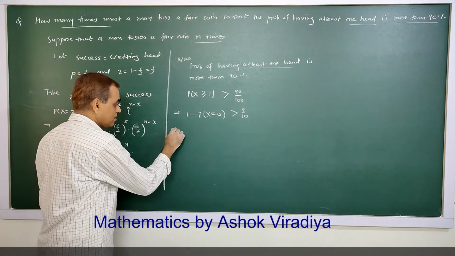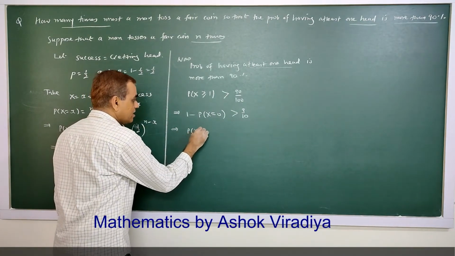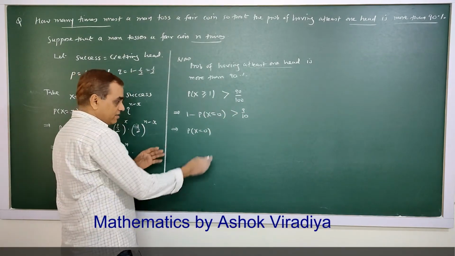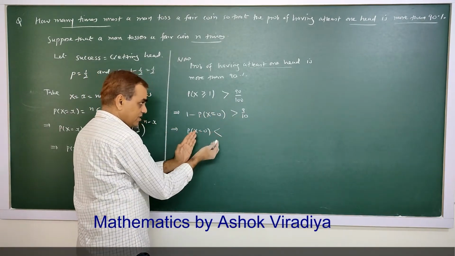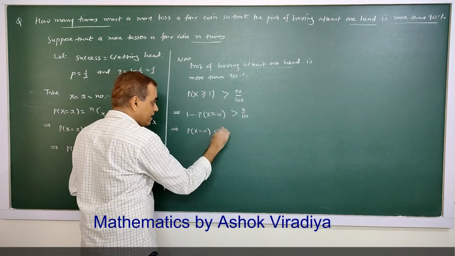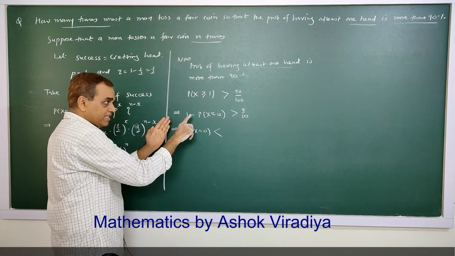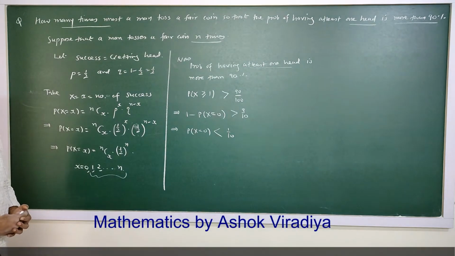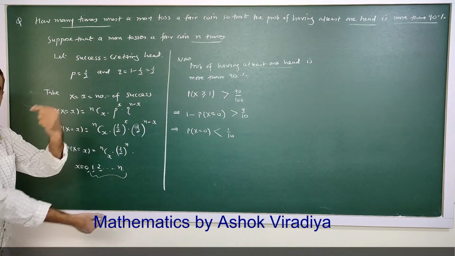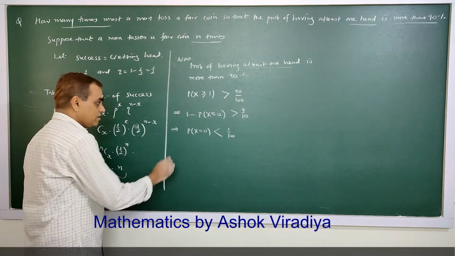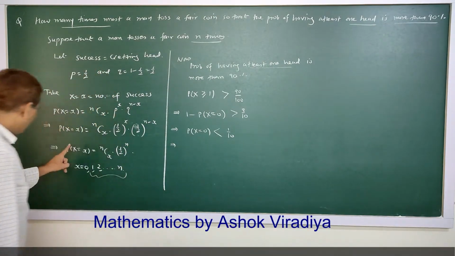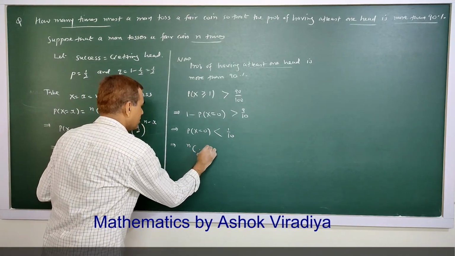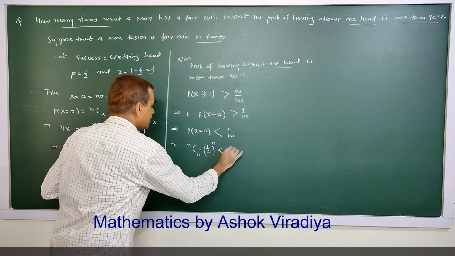Taking p of x equal to 0 on that side, it will be smaller, and 9 by 10 I am taking on this side. So 1 minus 9 by 10, that is 10 minus 9, 1 by 10. The term is taken to the other side and the inequality is reversed. Now the probability that x takes value 0, putting 0, nC0 into 1 by 2 raised to n is less than 1 by 10.